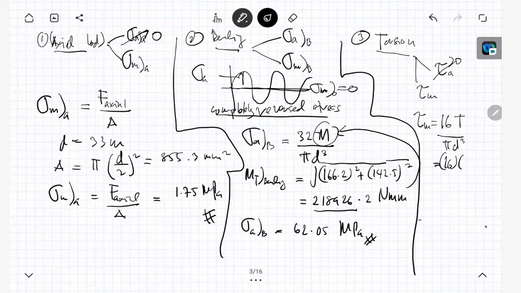So 300,000 divided by pi d cubed. So you will get 42.56 megapascals. Okay.